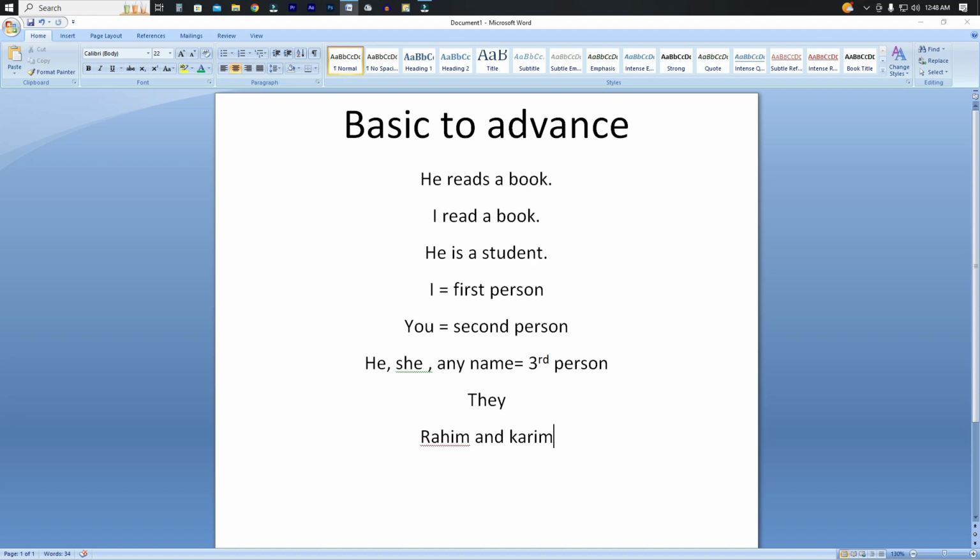Is the subject third person, is the subject first person, or is the subject singular number or plural number? So we must define those two things, the person and the number. Then we may come at the end to whether it takes s or not.